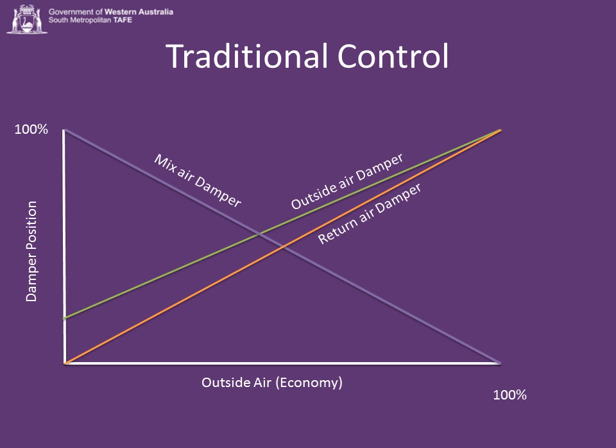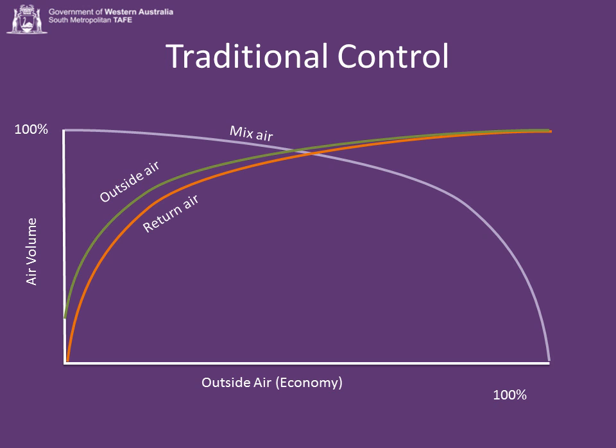A damper is basically a butterfly valve and is very, very not linear. In actual fact, they look like this. What this is saying is, by the time you've opened the damper about 20%, you've virtually got all of the air. So if you want 50% of the air, you open the damper about 10%.